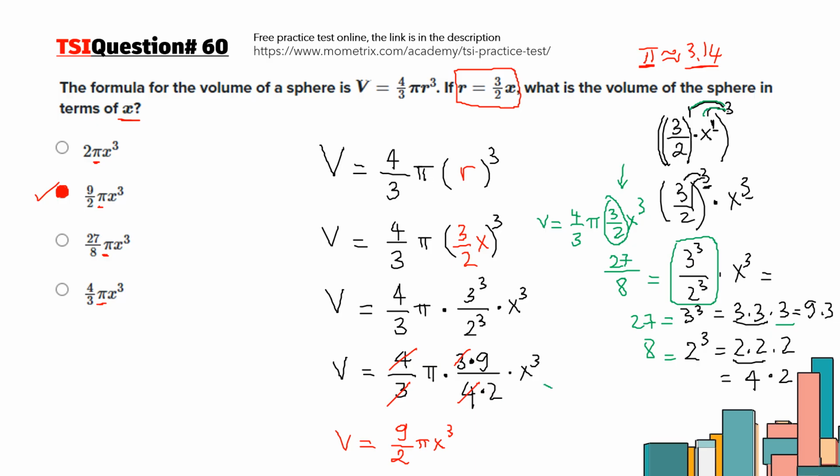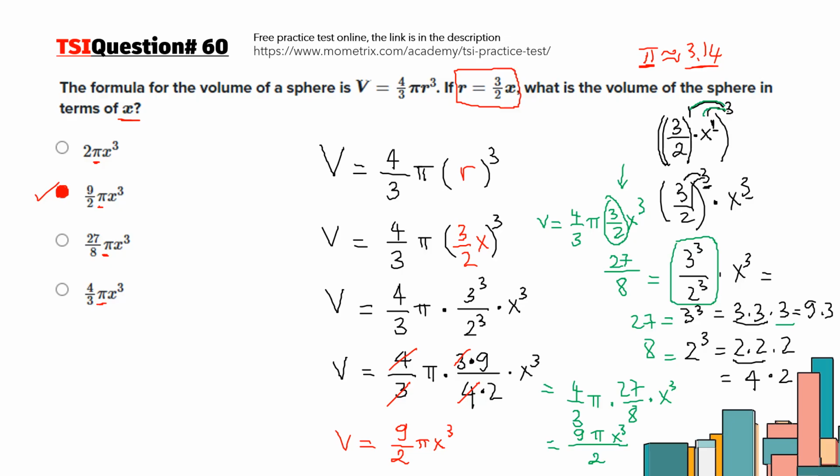So in this step, you can write down 4 over 3 pi times 27 over 8, multiplied by x cubed. And then you can say 4 divided by 8 gives 1 over 2, so we have 2 at the bottom. Then 27 divided by 3 is 9, so you have 9 on the top. Then we still have pi and x cubed, like that.